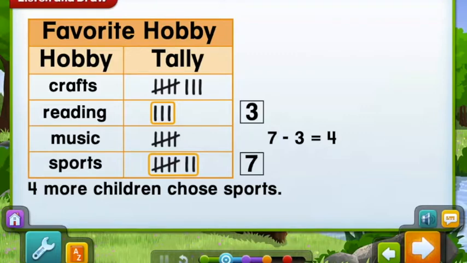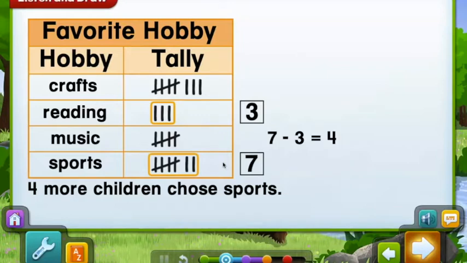That might be another question that you get asked when looking at a tally chart or any kind of data. What that person would do is count up all of the tallies other than that one subject. So in that case, he wouldn't count the tallies for winter.